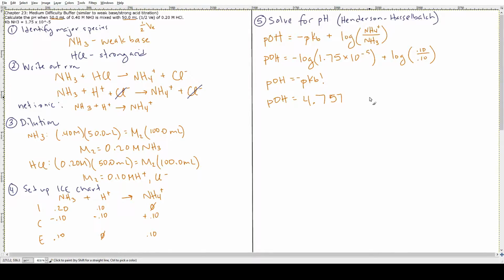Okay, so I know the pOH, but this problem asked me to solve for pH, and I know that pH at 25 degrees C, which is what we're assuming all of these problems are at, will give us 14 minus 4.757. All right, so you end up with a pH of 9.243.